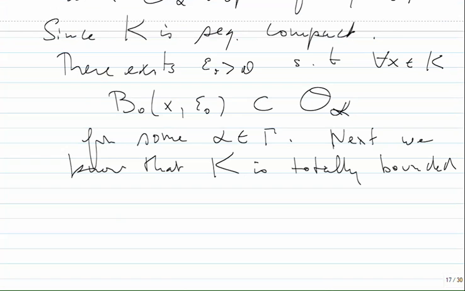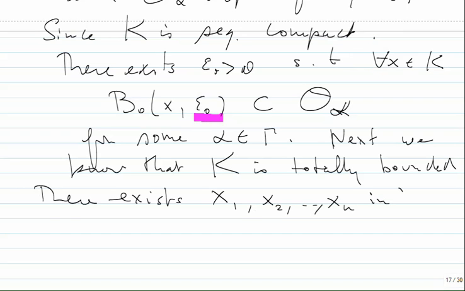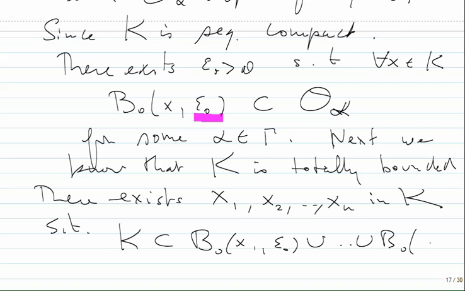And therefore, for this epsilon 0 that we found, there exist finitely many points x1 through xn in K such that K is covered by the union of open balls centered in xi, epsilon 0.